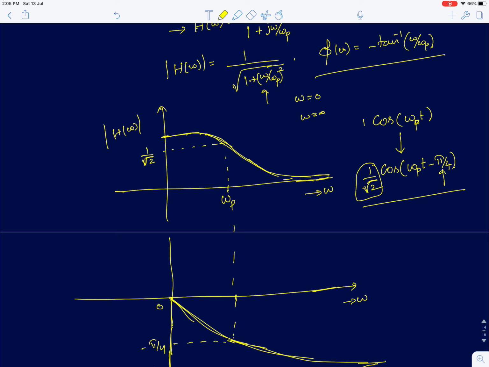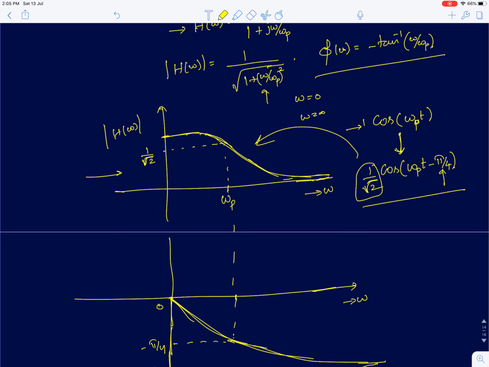And I could say this purely by looking at the frequency response graph. I know for each frequency what the magnitude and the phase shift are. From that I can predict the output of the system given the input sinusoid. So that's the advantage.